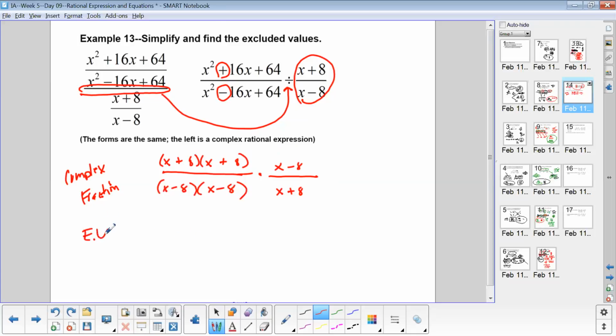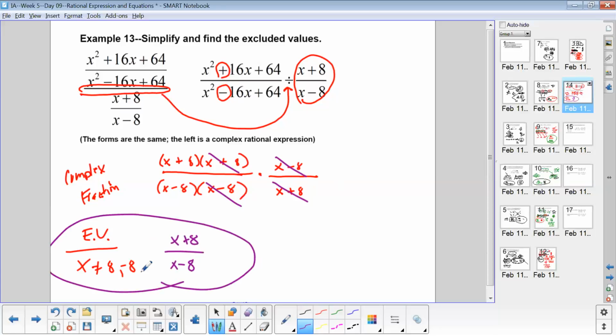So what are the excluded values? Denominators. X cannot be 8, and x cannot be negative 8. And then you start looking at what will divide. Well, x minus 8, x minus 8, x plus 8, x plus 8, and you're left with x plus 8 divided by x minus 8 as the simplified rational expression.